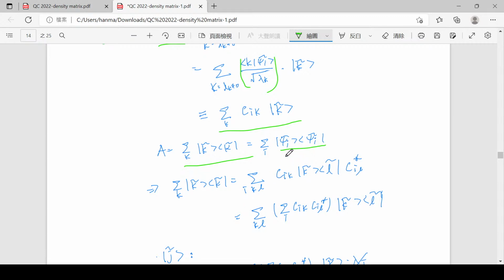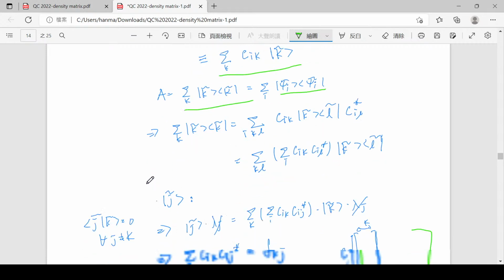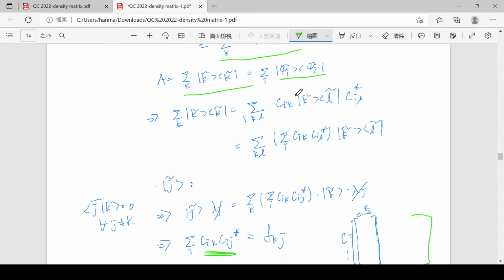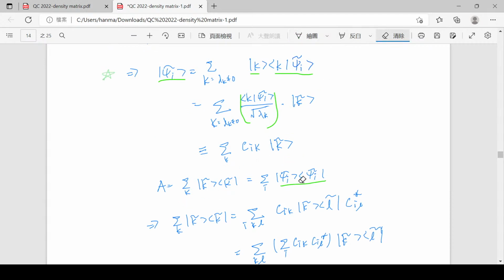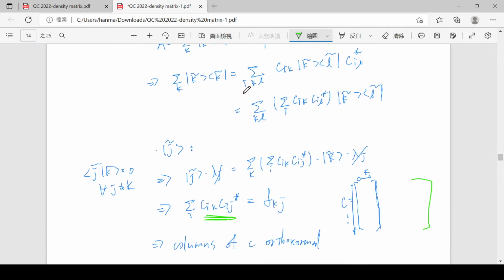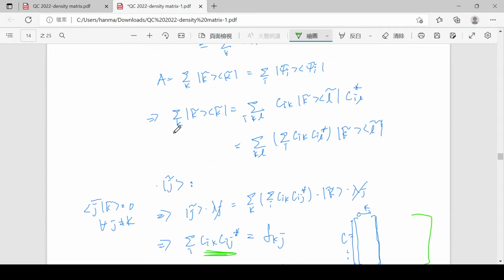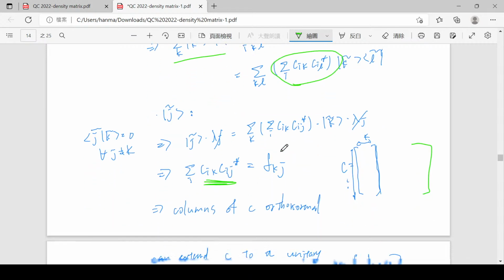So the first one becomes the sum over k of Cik, and the second one we use the dummy variable L. Yeah. So the sum over L of CIL, phi. And anyway, we got this equation. And so the sum over k tilde projector equals the sum over KL, and this is something that's a function of k and L because all the i are summed over, and k tilde L tilde.